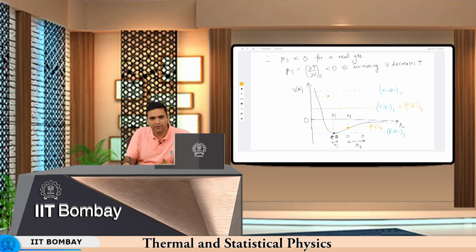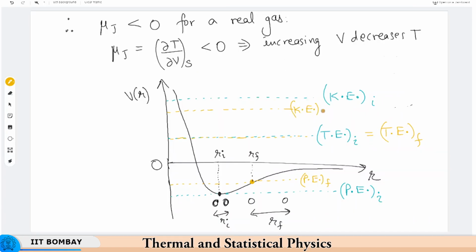Therefore, the kinetic energy after expansion is less than the initial kinetic energy. And kinetic energy is the measure of temperature, right. So, if we adiabatically expand a real gas, since its total internal energy does not change, its temperature goes down, right.